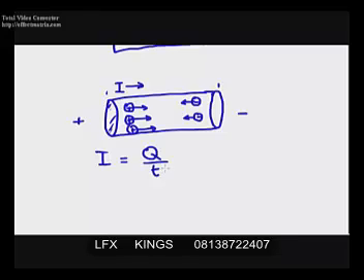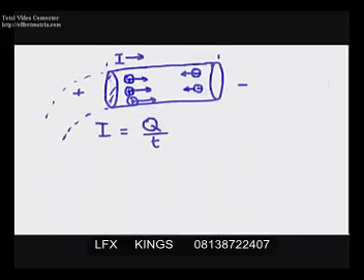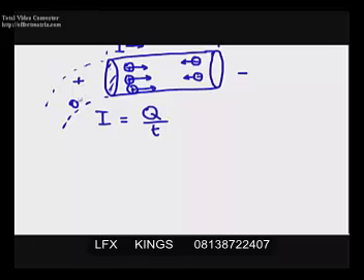What do we mean by that? Let's say this is the continuation of the wire. Remember, we cut this section from here. These are the flow of positive charges.